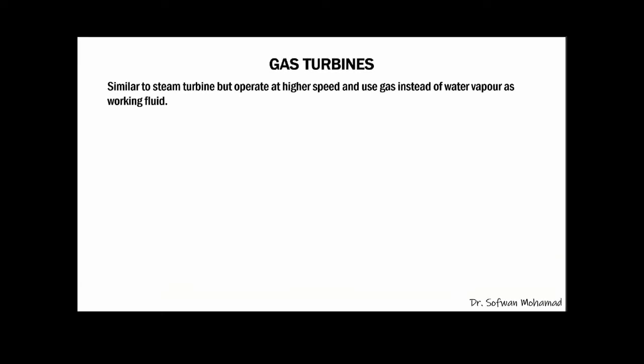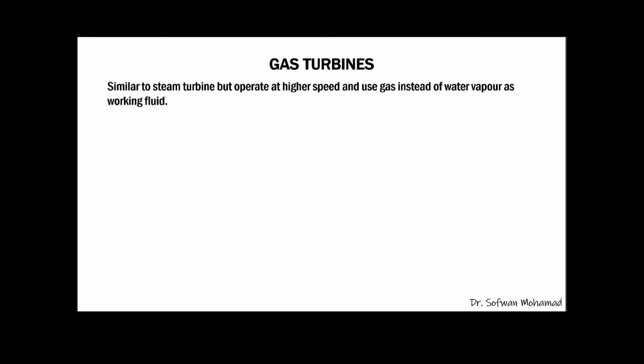The gas turbine working principle is very similar to the steam turbine, but gas turbines operate at a much higher speed. And instead of water vapor, the working fluid for a gas turbine is gas, different kinds of gases.